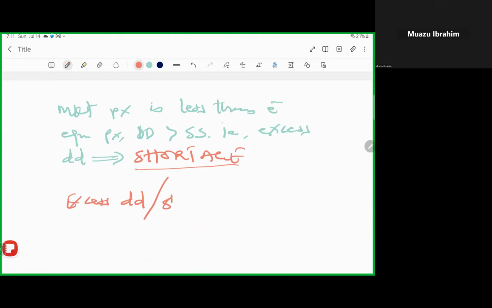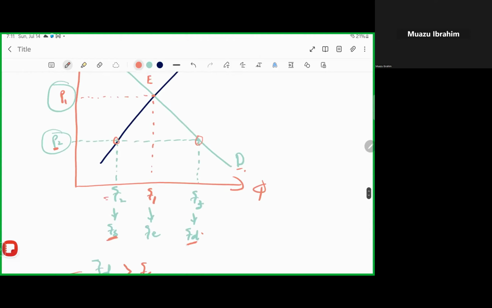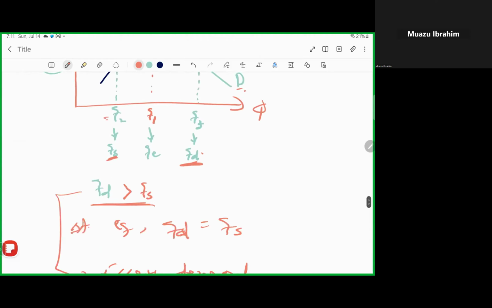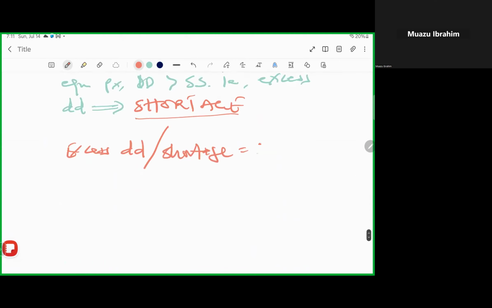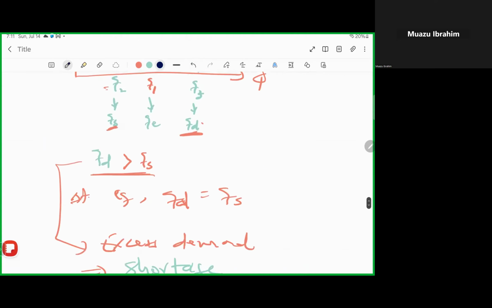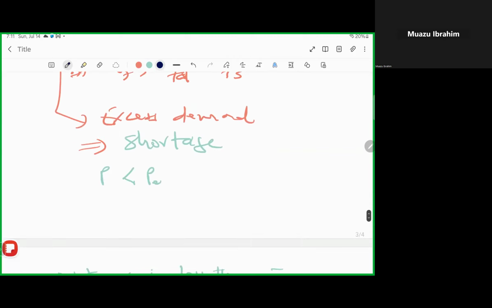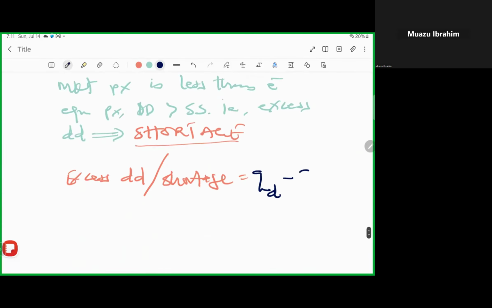The excess demand or shortage in the market would be how much is being demanded, the quantity demanded, QD, minus how much is being supplied, QS.